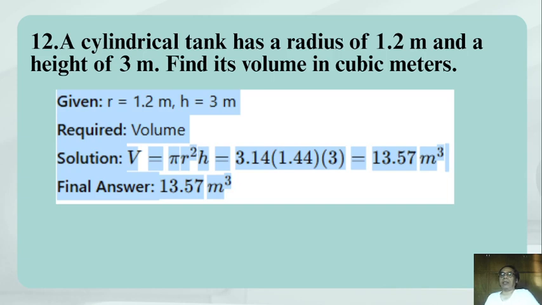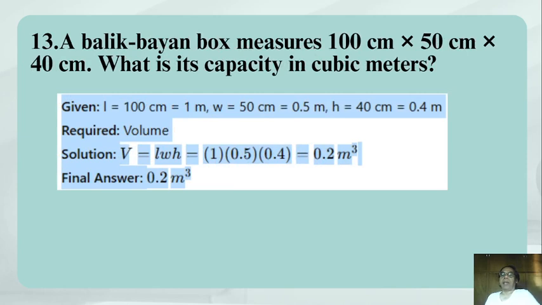So the formula to use is V equals pi r squared times the height. Substitute now the given data. Our final answer is 13.57 cubic meters.